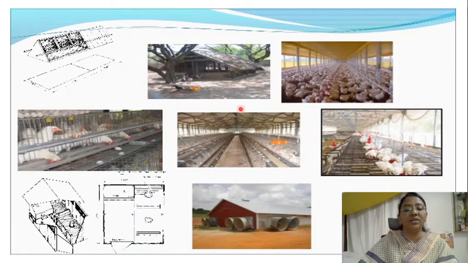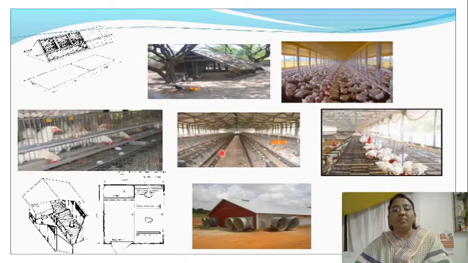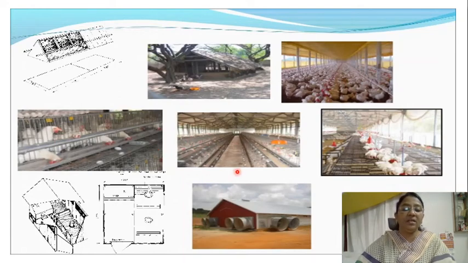And these are also different types of bird houses, deep litter, and this is the two tier system. These are the layers where they have laid the eggs, and this is the slat system you can see.